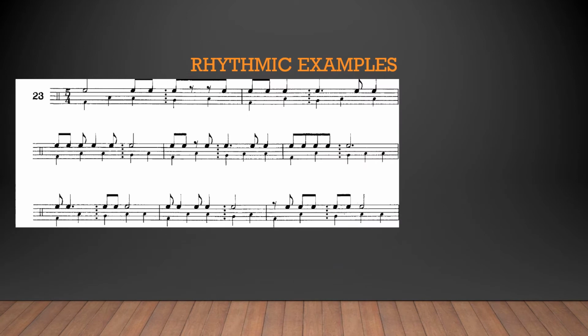Here's some rhythmic examples of different things. So I'll give you the answers, but you have a quick guess too. Or not guess, you tell me what this is. We're in 5/4. Is it simple, compound, or irregular? It is irregular. Even though it looks like it's divided into 3 beats because of this kind of quasi bar line, and then 2 beats.